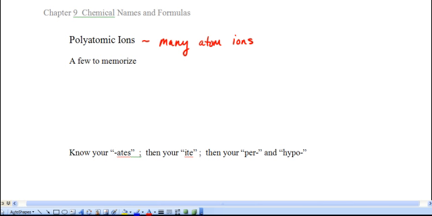So, here we go. There are a few ions that it just helps to memorize right off the bat. The first one is NH4+. It's the only polyatomic cation that we're going to worry about, and that is called ammonium. A very common polyatomic anion is OH-, and we call that hydroxide.